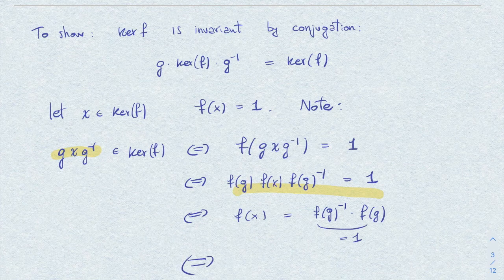Therefore, this precisely happens if and only if f of x is in the kernel. So our two conditions here are indeed equivalent. So this shows that the kernel of a group morphism is always a normal subgroup.